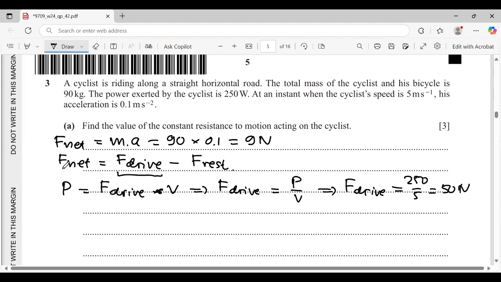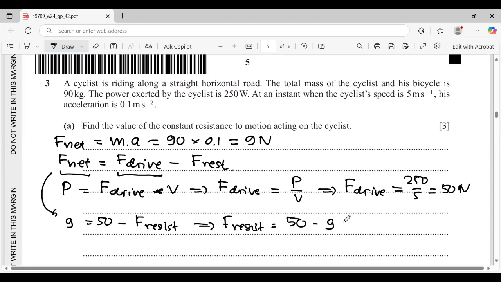If we substitute F net, this is 9 and this is 50. So this equation becomes 9 equals 50 minus F resistance. So the resistance force equals 50 minus 9, and it is 41 newtons.